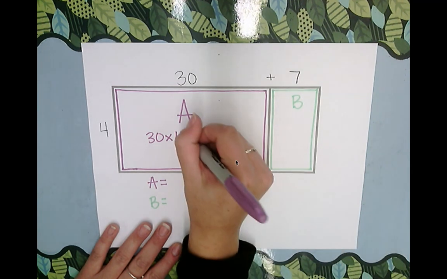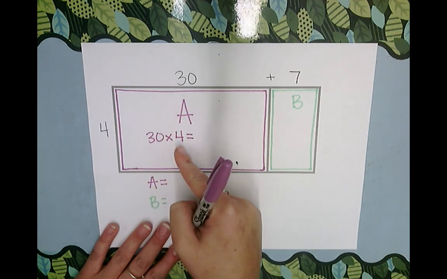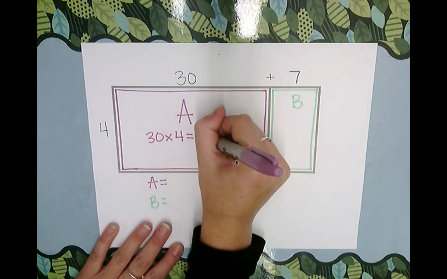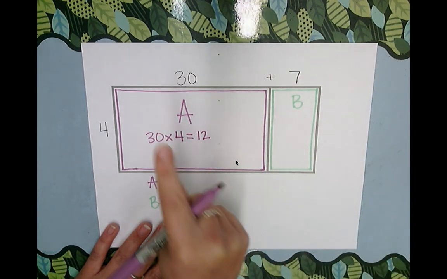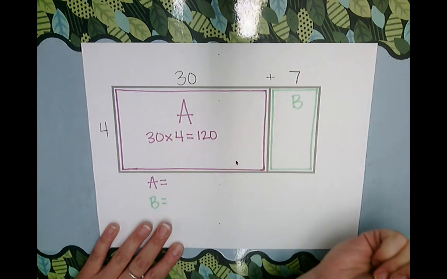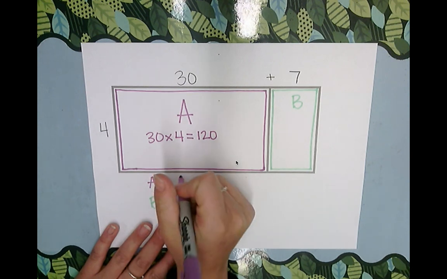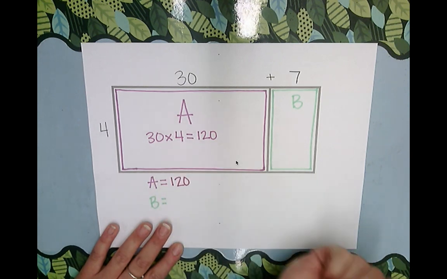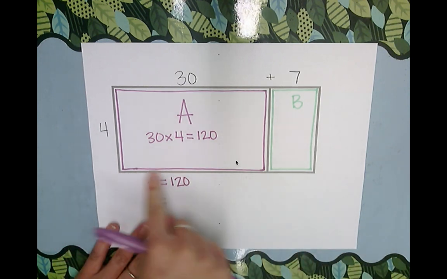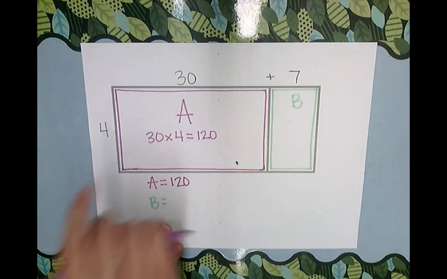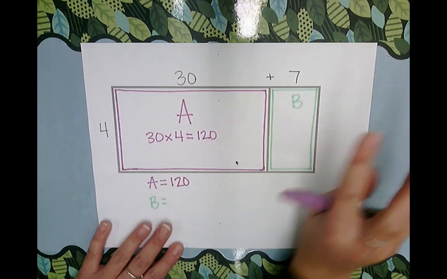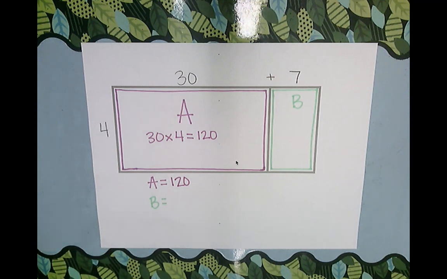In your head, you should be solving that. I know that 3 times 4 is 12, and I'm going to use the 0 property to add that 0 on the end. So the value of A is 120. All it wants to know is this section. It does not want to know the whole area model, it just wants to know about A.